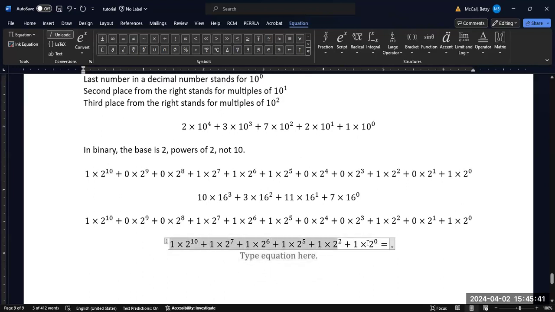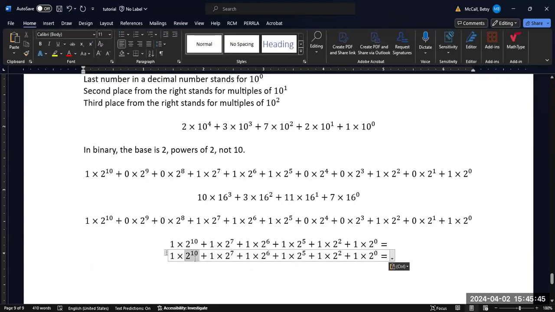So 2 to the 10 is actually 1024. And 2 to the 7th is 128. And 2 to the 6th is 64. 2 to the 5th is 32. 2 squared is 4.